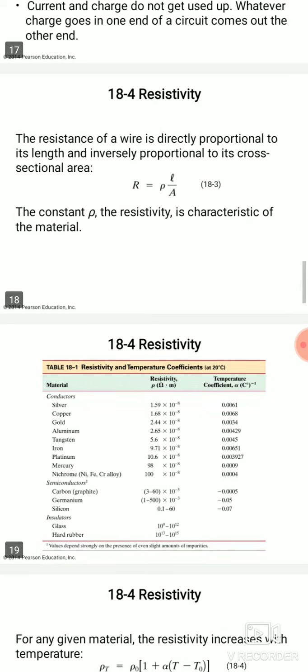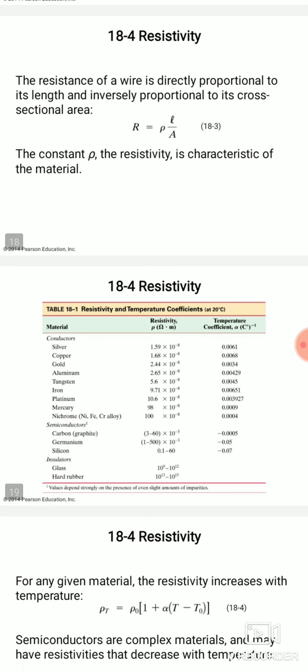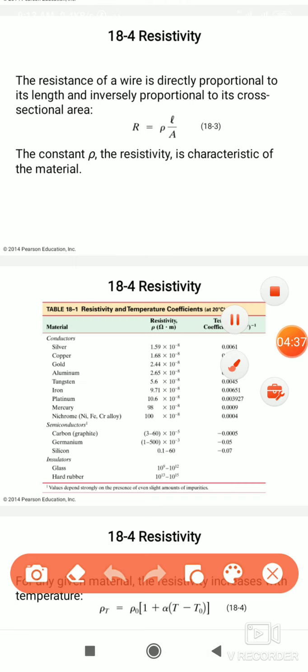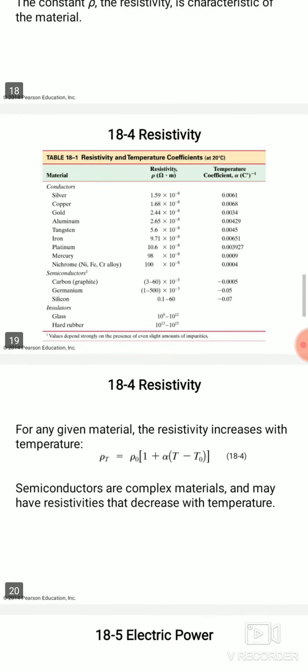Resistivity is also a specific type of resistance. This means that it is the resistance of a wire of length 1 meter and cross-sectional area 1 meter square. In the other sense, we can say that this is the characteristic of the material.